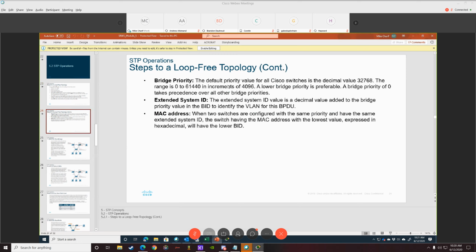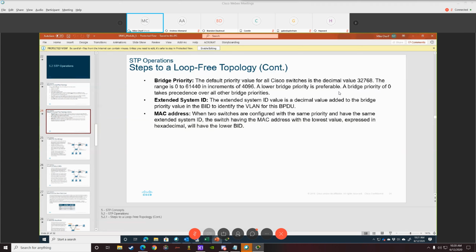That's what we talked about. The default priority value for all Cisco switches is the decimal value 32768, like we talked about earlier. The range is 0 to 61440, in increments of 4096. And the lower bridge priority is preferable.